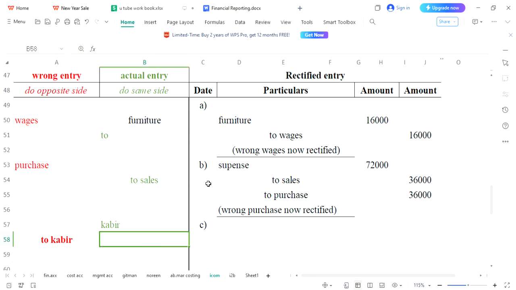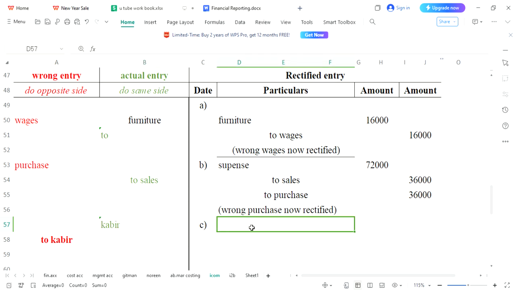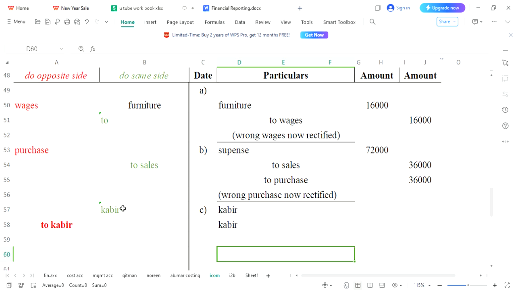Now as usual, whatever is written on the green line, we will write at the same spot first. And this was the wrong entry. Kabir was written on the right side as wrong, so we will do the opposite. Kabir would be written again on the debit side. So guys, in this way, our first portion of the entry has been completed, where we understood that there were two mistakes in Kabir. It is a double error. Instead, you know the word instead.